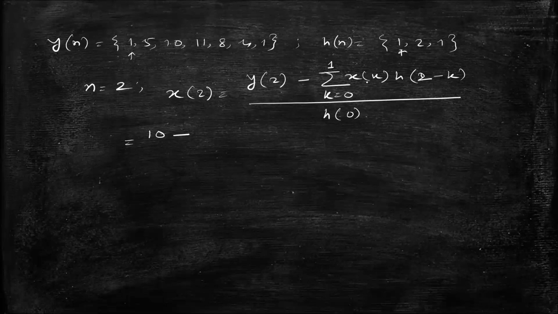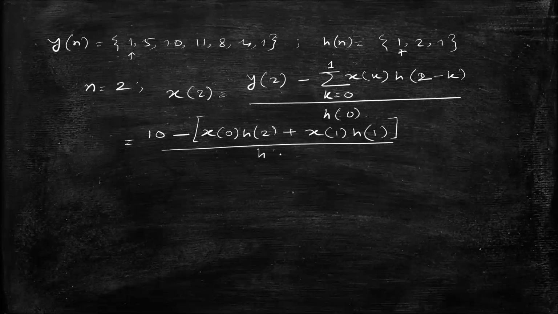minus, k equal to 0. Okay, so at 0 what will happen: x of 0 h of 2, 2 minus 0, plus, after 0 what will happen, 1: x of 1 h of 2 minus 1, 1, whole divided by h of 0.